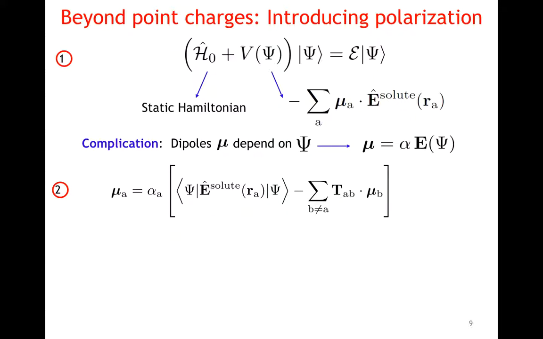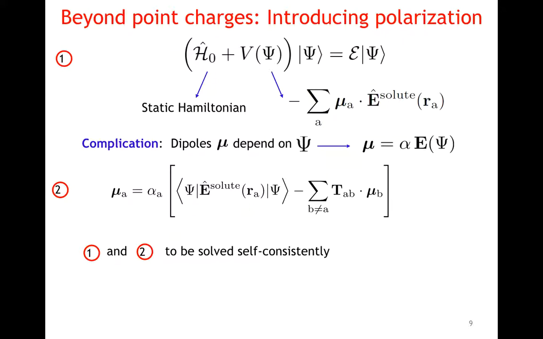If we put in a more explicit way the equation for each atomic dipole mu A, we have, as I said, that it depends on the electric field of the solute, and each dipole is also induced by all the other dipoles of the system.